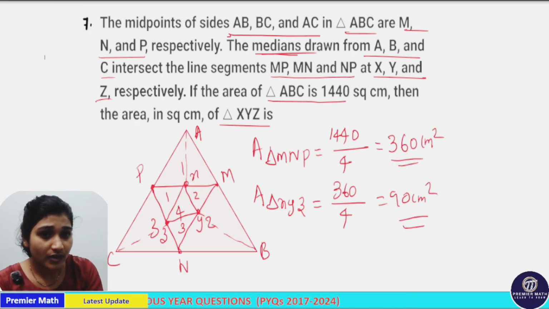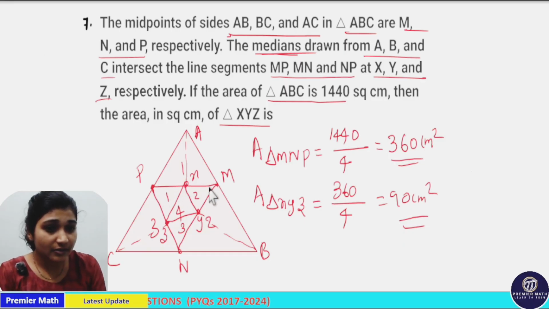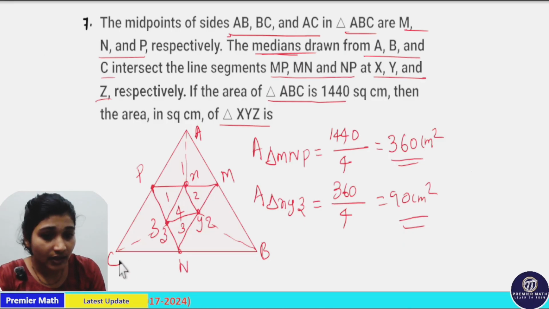Also, by the midpoint theorem, when the midpoints of two sides of a triangle are joined, the line segment formed is parallel to the third side and half its length.